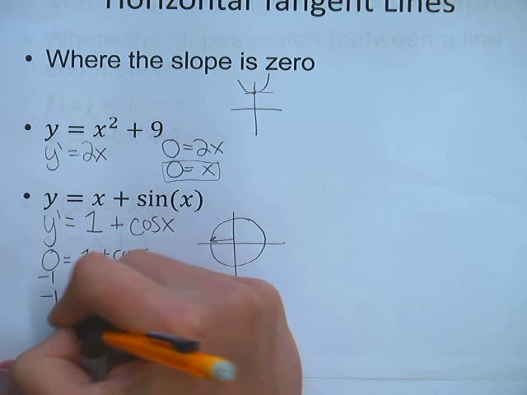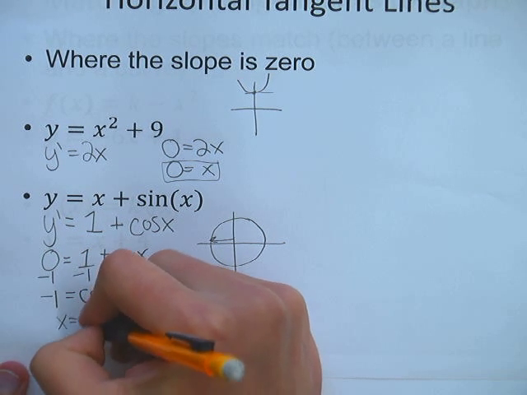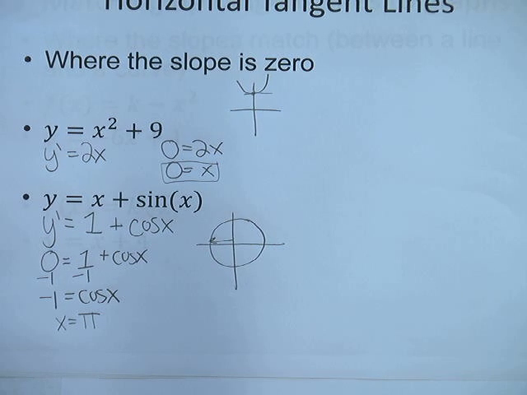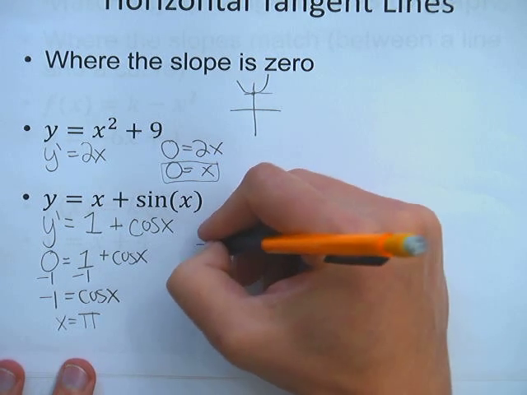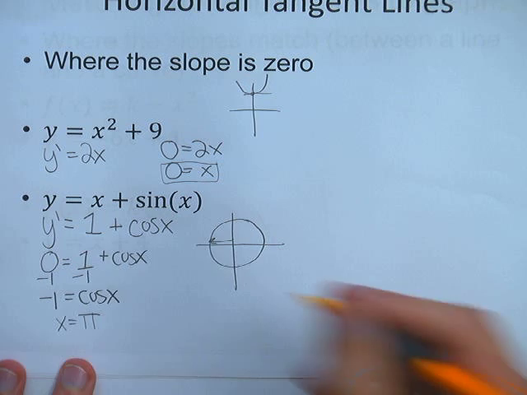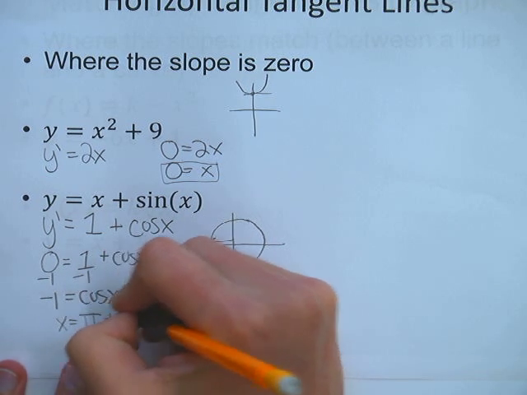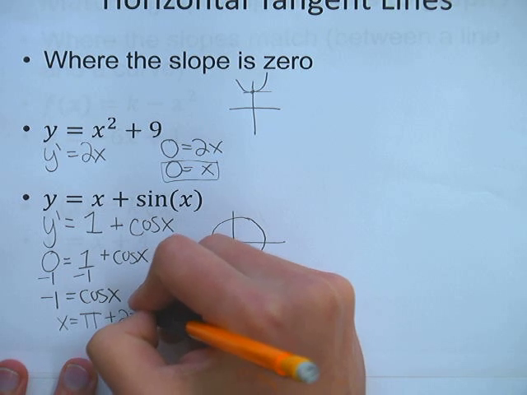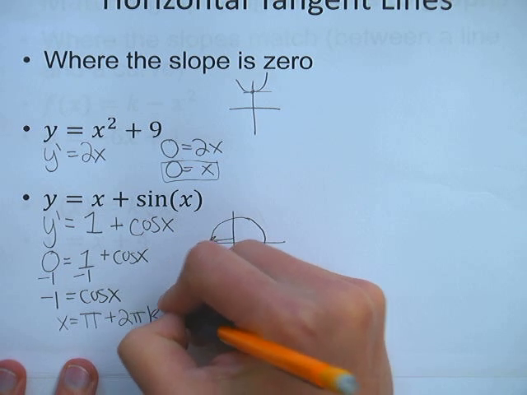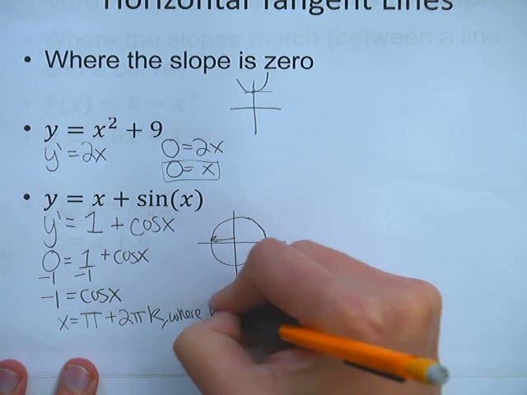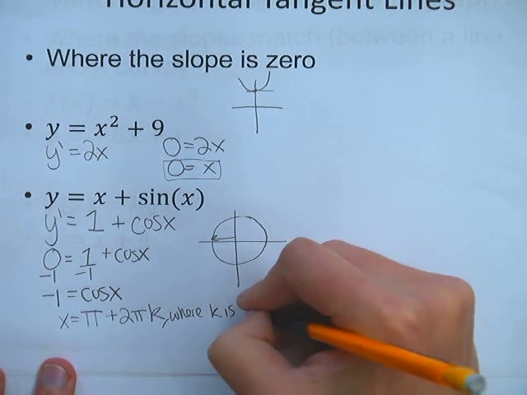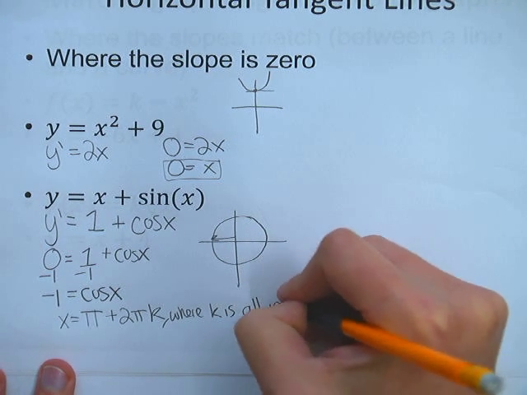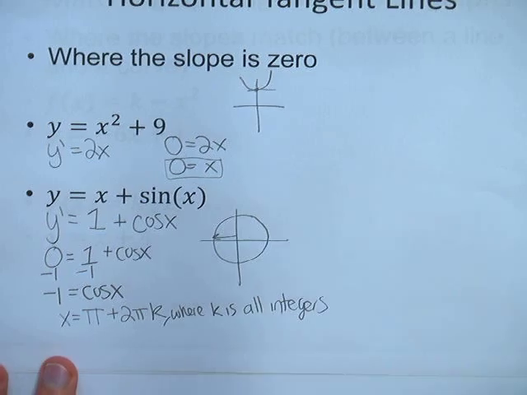So x is equal to pi is one of our answers, and then all of our other answers are just going to be 2 pi around the circle after this. So it's plus 2 pi times k, where k is all integers, that's the answer.